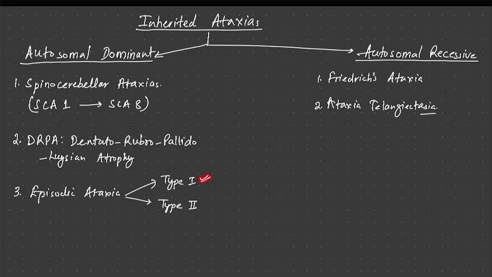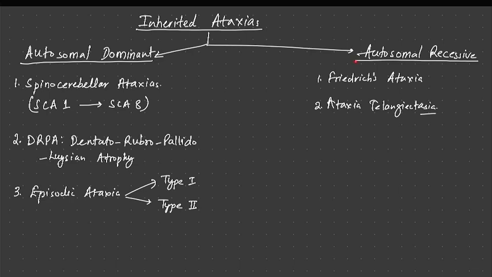Type 1 episodic ataxia is also there. So these two are the episodic ataxias, means there will be a sudden onset of symptoms of ataxia and nystagmus. For example, change in posture, exercise, these conditions may cause ataxia. So this is feature of episodic ataxias.